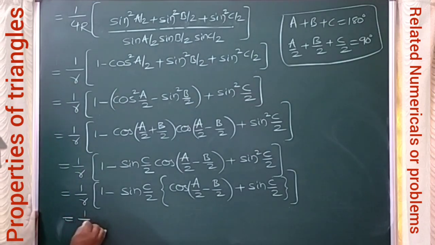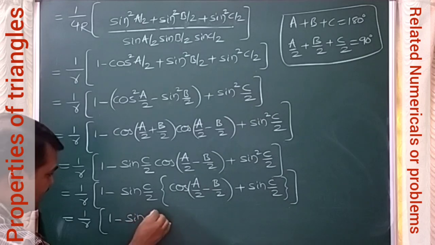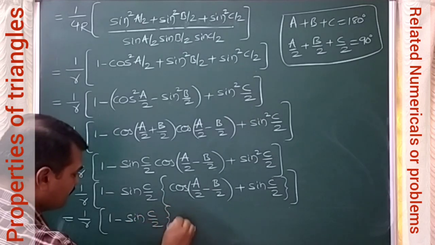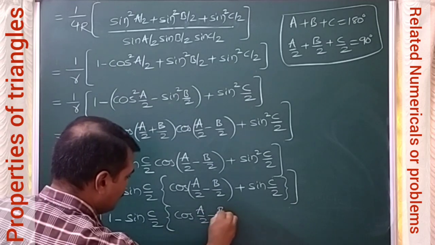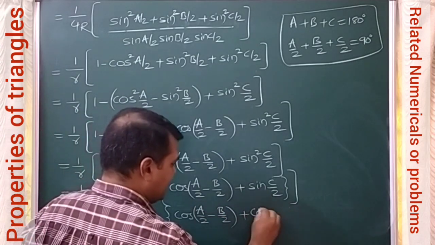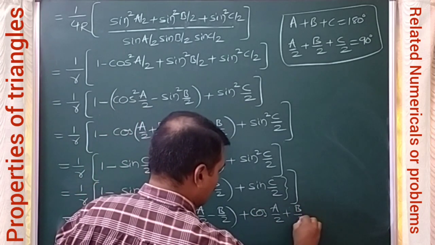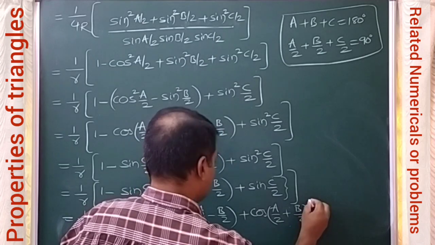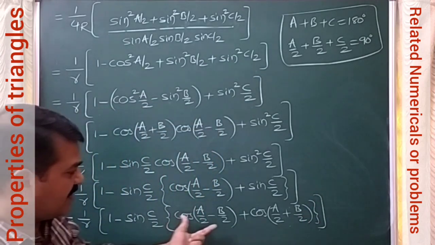So 1 by small r, 1 minus sin C/2 times cos(A/2 minus B/2) plus cos(A/2 plus B/2). Now what is the formula for this?